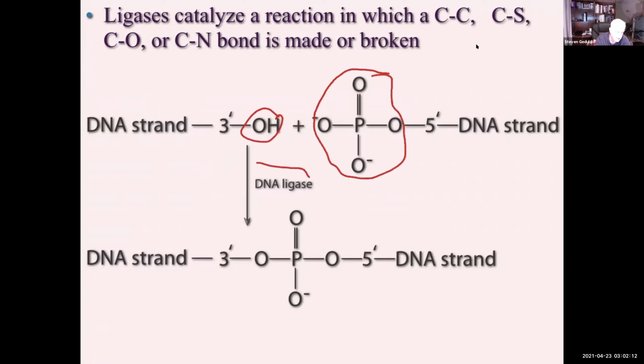A DNA ligase will tie those strands together, making the bond between them, forming this bond right in between these, taking water right there, allowing this bond to form. So that's DNA ligase. Ligases form or break a bond.